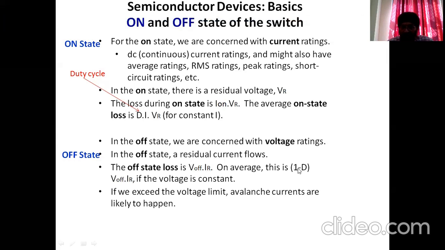In this case, the duty cycle is 1 minus D. If during on state the duty cycle was D and one time cycle is 100%, which can be normalized as 1, then 1 minus D is the duty cycle for off state.